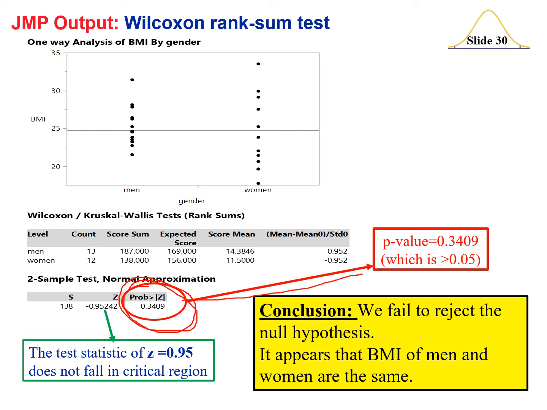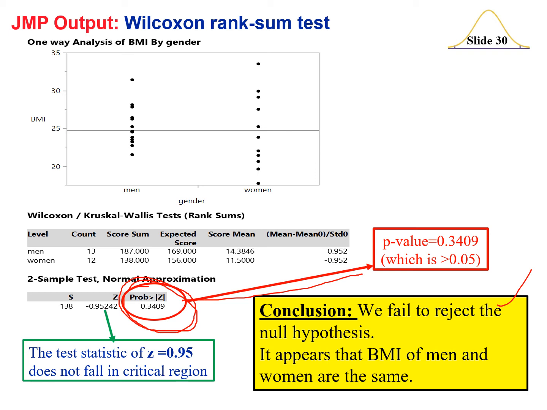Now, the p-value is 0.3409, which is greater than 0.05. So the decision is to fail to reject the null hypothesis. So we conclude that it appears that body mass index of men and women are the same.